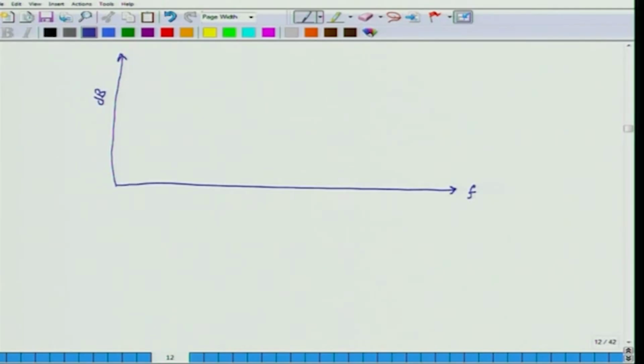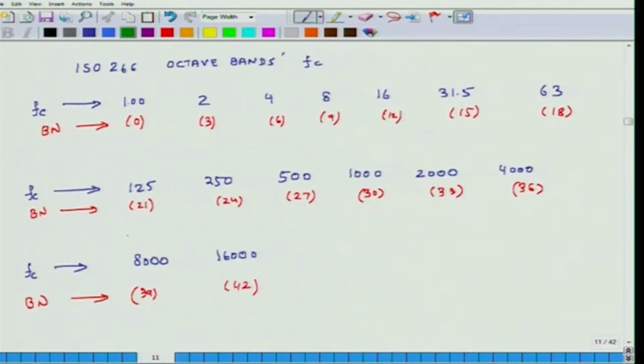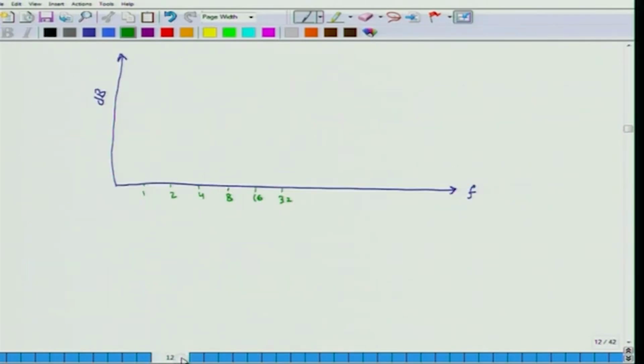So what you do is, you can first list them. So this is 1, 2, 4, 8, 16, 32, or was it 31.5? 31.5. So I am going to round off here, but it should actually be 31.5, 63, and so on and so forth.